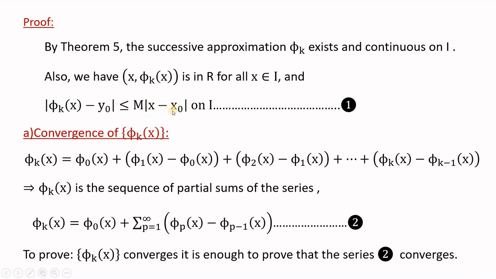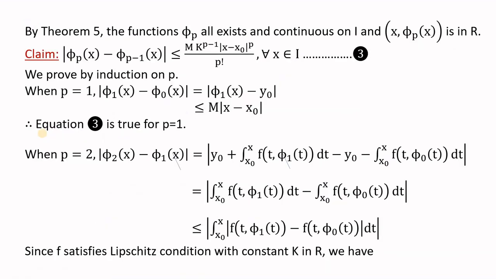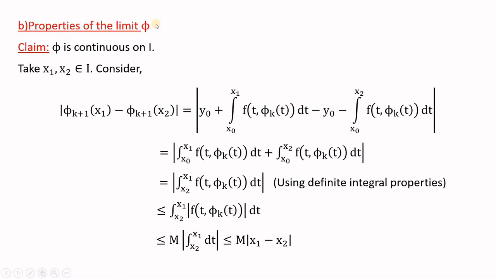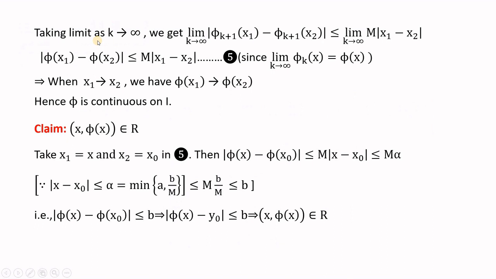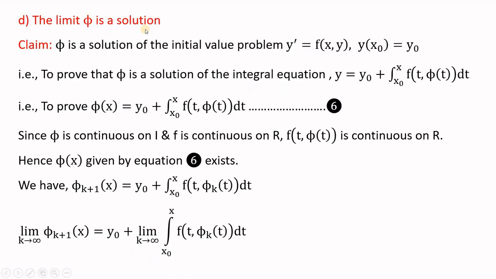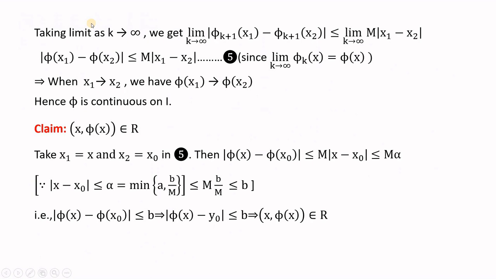So this theorem will consist of 4 parts. In the first part we will see the convergence of φ_k(x), in the second part we will see the properties of the limit φ, in the third part we will estimate the absolute value of φ(x) and φ_k(x), and in the last part we will show that the limit φ is a solution.